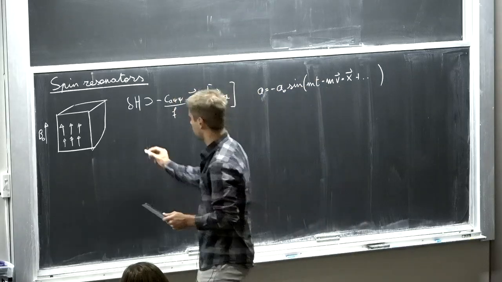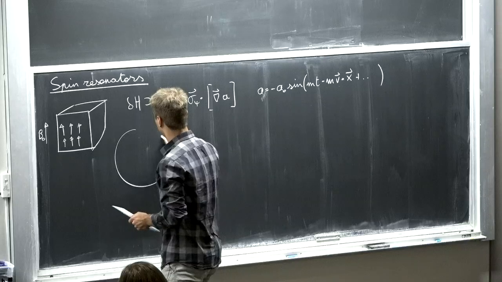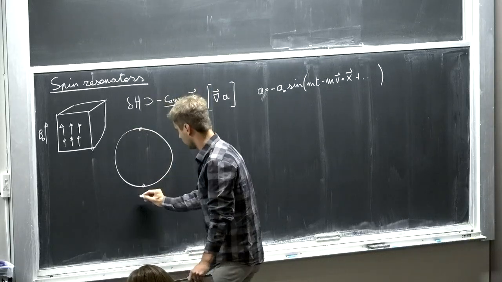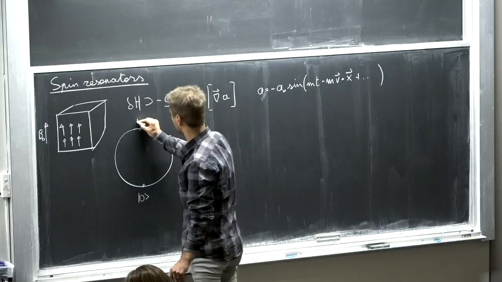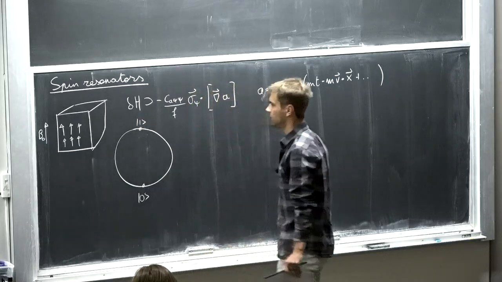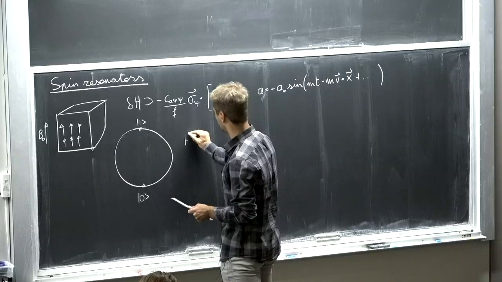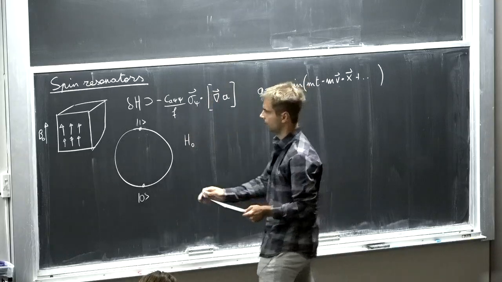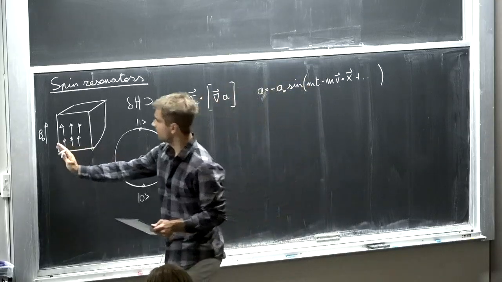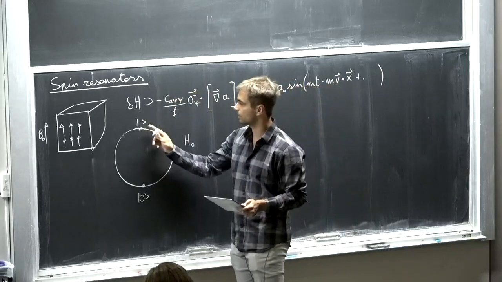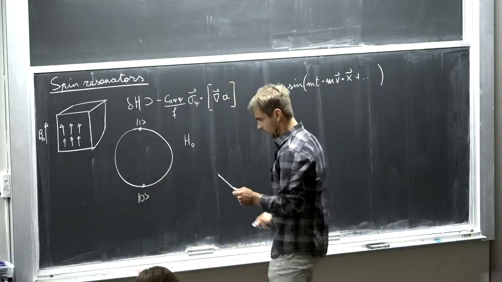What we essentially have, let's consider the state of just a single spin for a moment, in some B field along the spin polarization axis. This would have a larger Zeeman energy than this one.